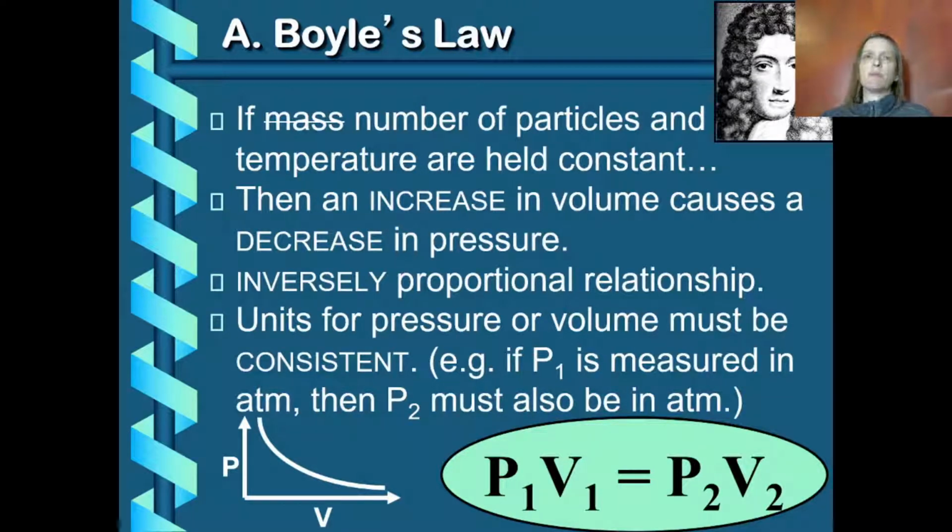The relationship Boyle came up with is that the pressure times the volume for the first condition must equal the pressure times the volume for the second condition, so long as you're not changing the number of particles or the temperature.